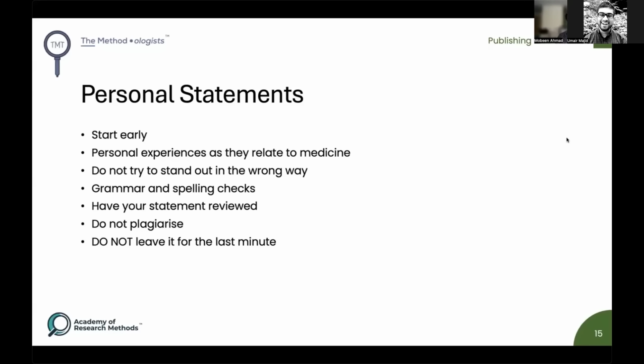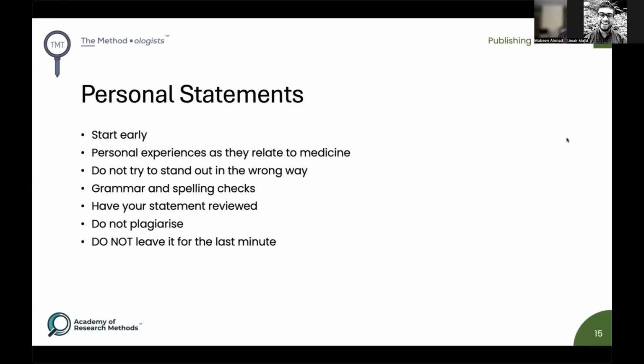Please do not have this mindset. Personal statements are becoming more and more important because as USMLE Step 1 has become pass-fail, program directors are looking more and more at these tiny things to help distinguish one candidate from another.